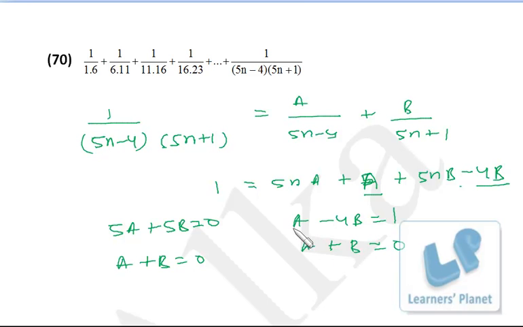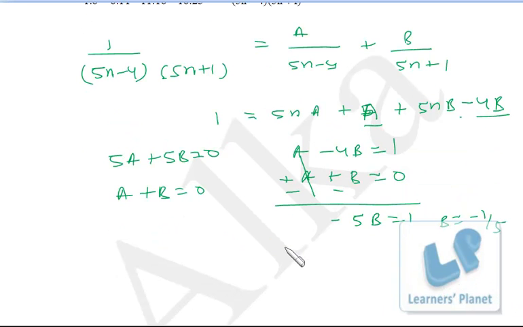If you deduct this from this, you'll be able to get the values of a and b. So minus 5b is equal to 1, so b is equal to minus 1 by 5, right? And a plus b is equal to 0, that means a is equal to 1 by 5. So we got the values of a and b.